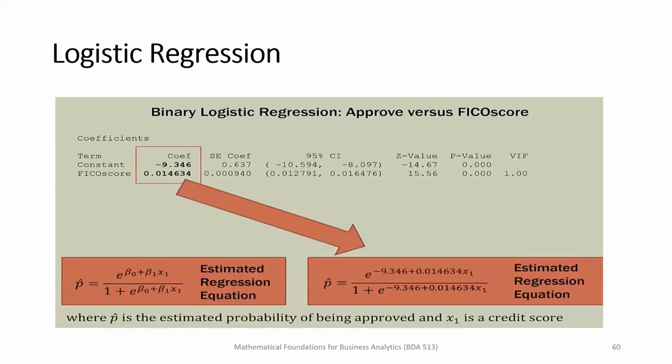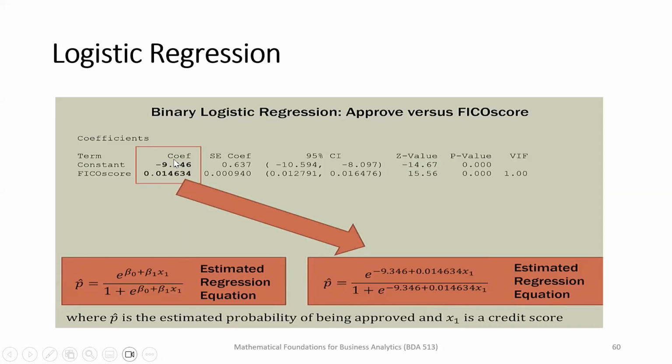In SPSS, you realize that you just look at the interpretations, that's all. On your left, you see that the probability is equal to Euler raised to the power of the regression equation, divided by 1 plus Euler raised to the power of the regression equation.